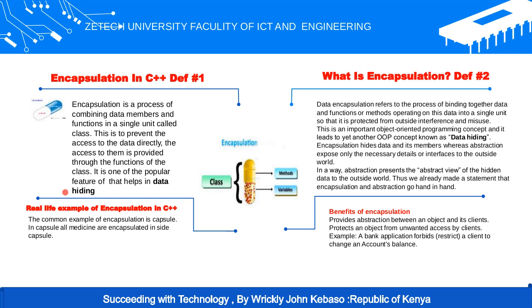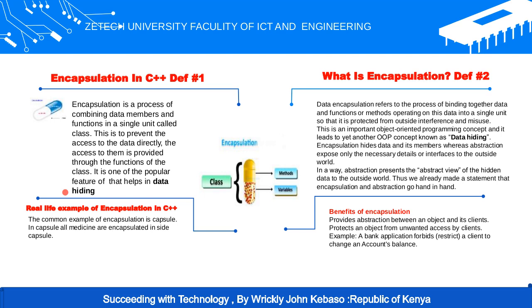Now I can read what we have here. We are saying encapsulation is a process of combining data members, class data members, and I would like this to be clear to you, these are variables for example, then functions. Functions are the ones we normally use to access those variables, in a single unit called a class. This is to prevent the access of the data directly.